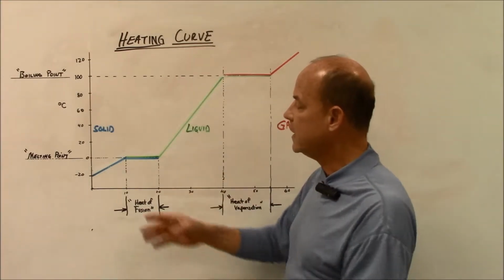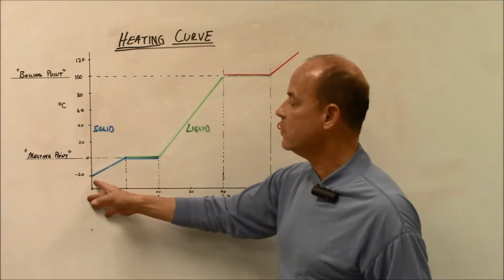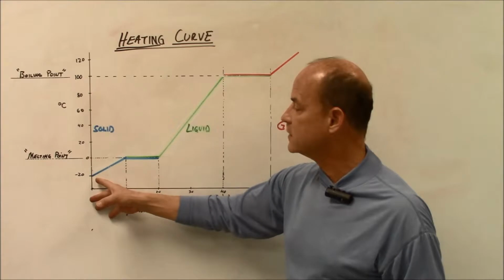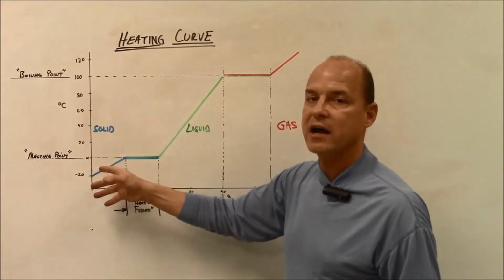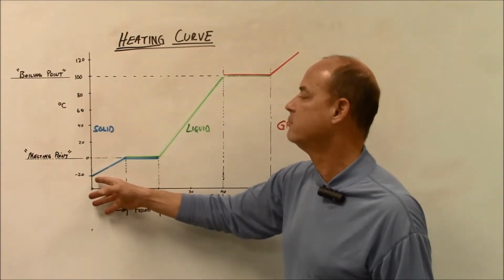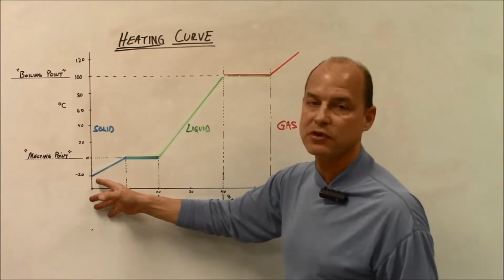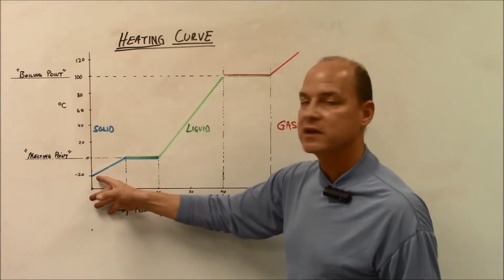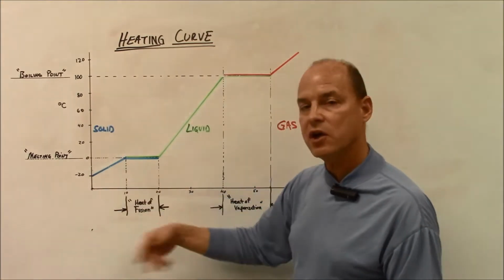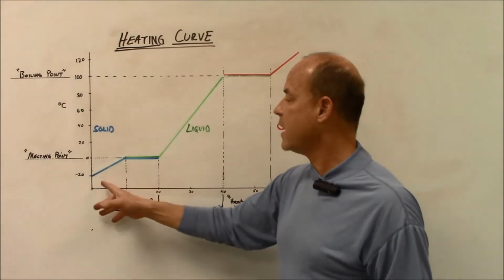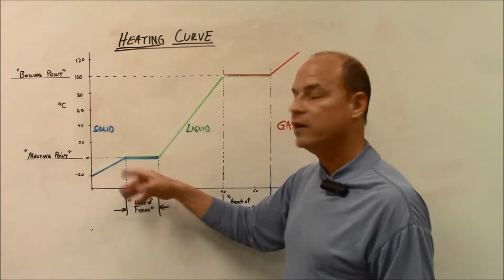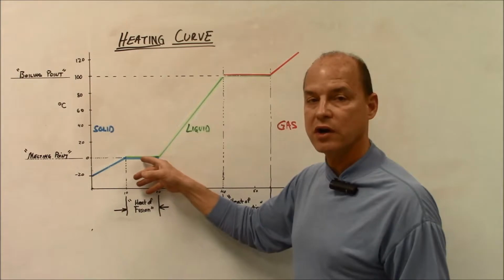So if we were heating up the water at time 0 and it was a solid block of ice, say, and we just got it out of our sub-zero freezer at minus 20 degrees, and we took the temperature of it at time 0, that would be the temperature of it. And then if we slowly started to heat that block of ice up over time, it would eventually get to the point where it would start to melt.